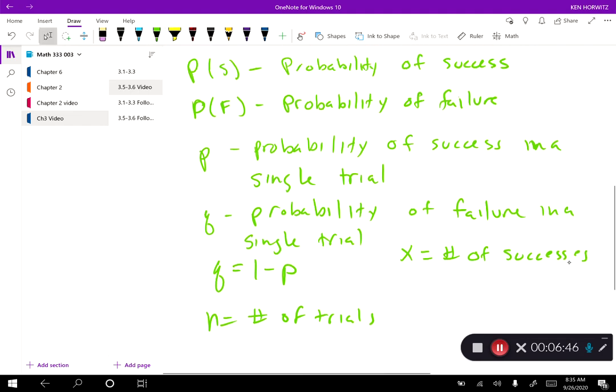All right. So that is your basic notation.